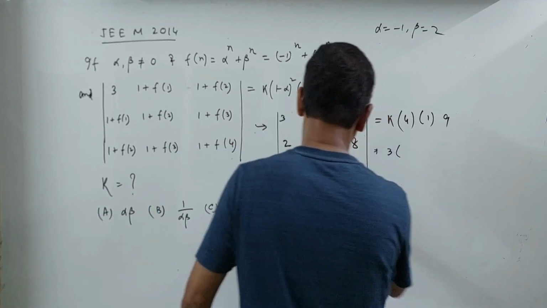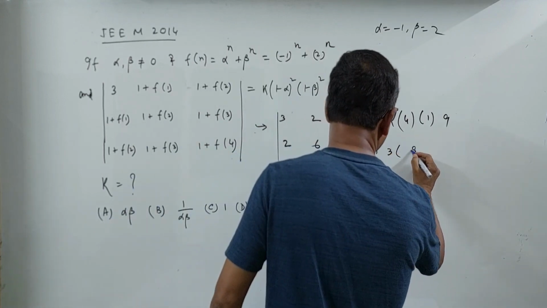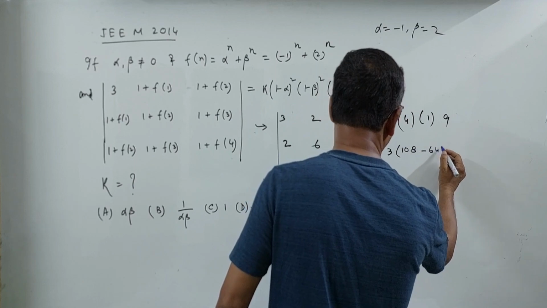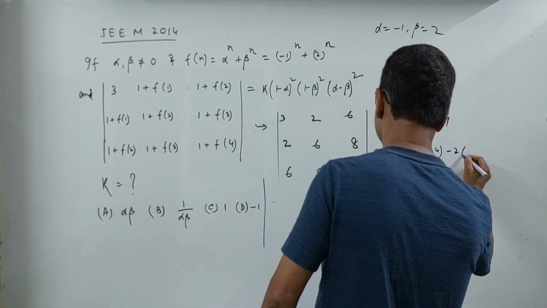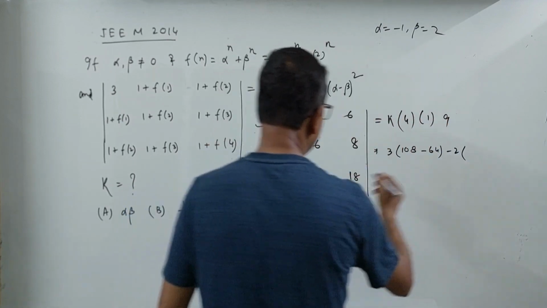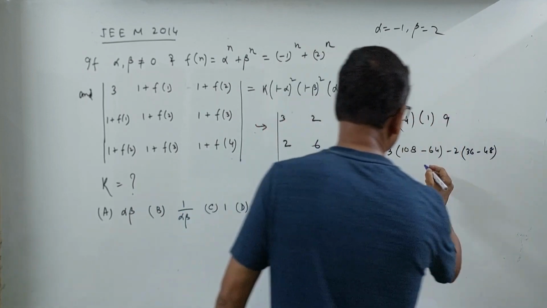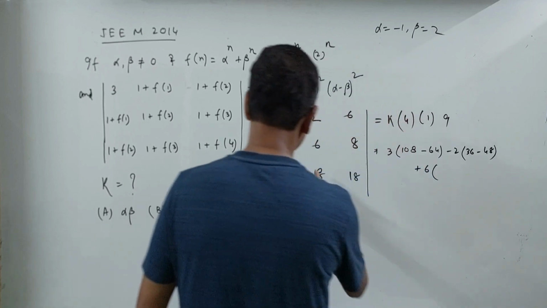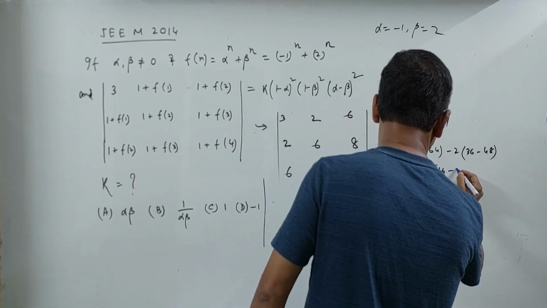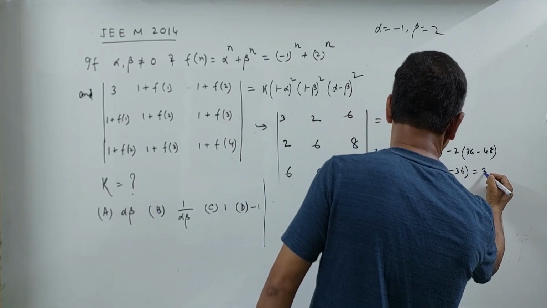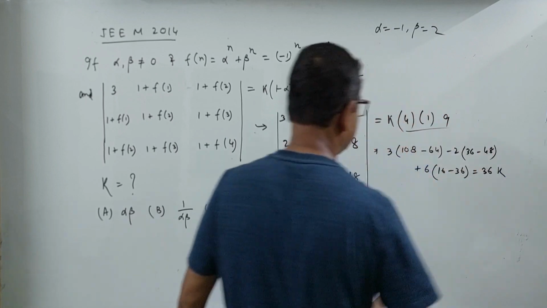3 into (6 into 18), that is 108, minus 64, minus 2 into (18 into 2), 36, minus 48, plus 6 into (16 minus 36), equal to 36k. 9 into 4 is 36.